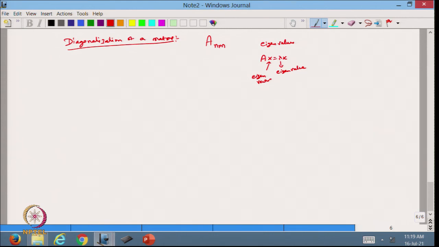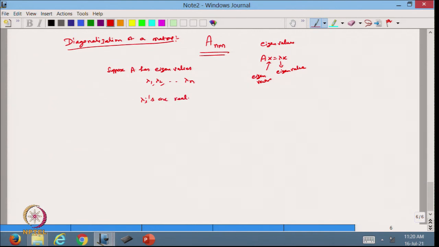Then if I have an n cross n matrix, suppose A has eigenvalues lambda 1, lambda 2 to lambda n. So, it can have n number of eigenvalues, and suppose I consider that these eigenvalues lambda i's are real.